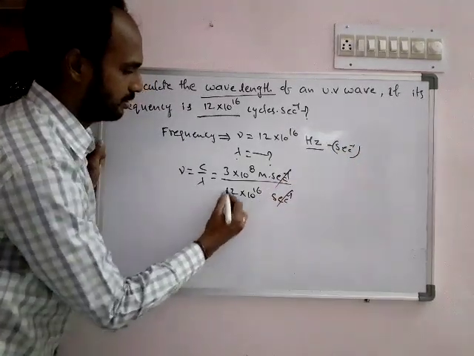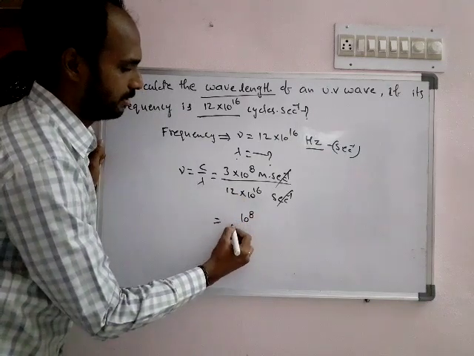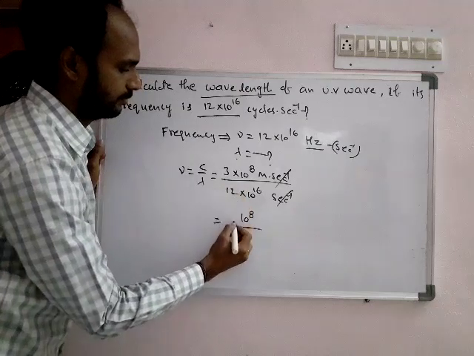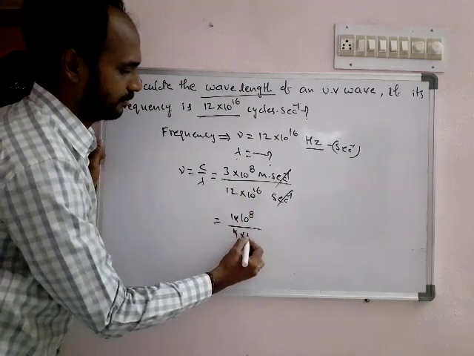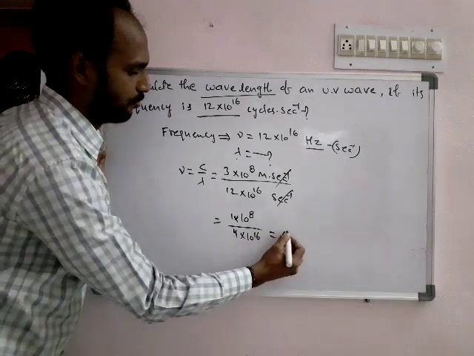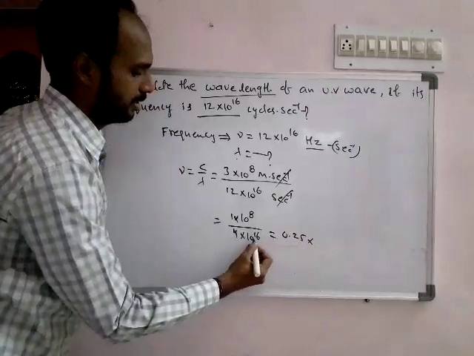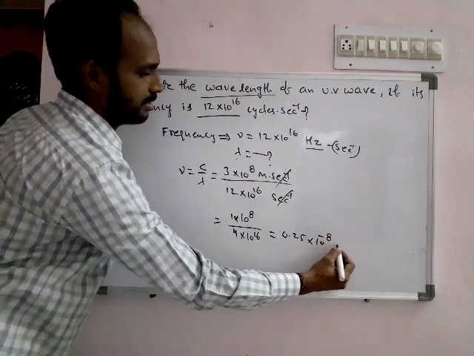They get cancelled. This becomes 1 by 4 into 10 power 8 minus 16, that is 10 power minus 8.